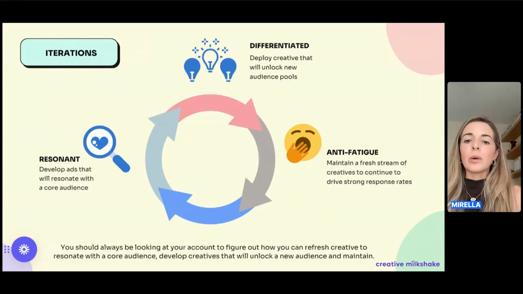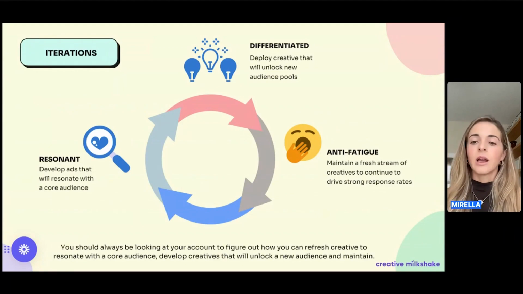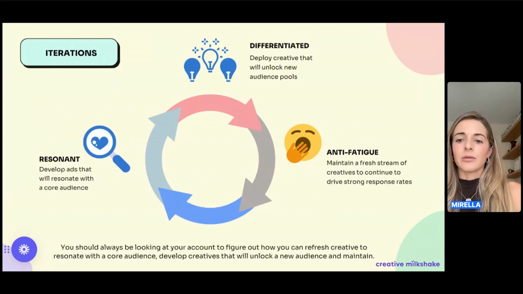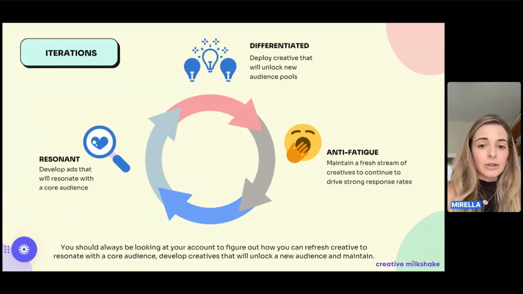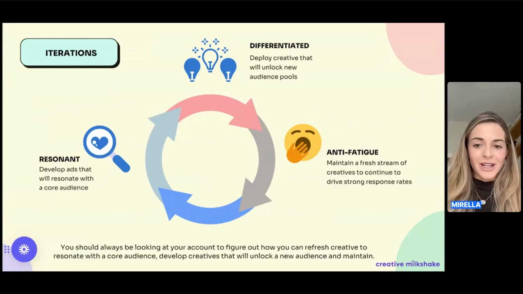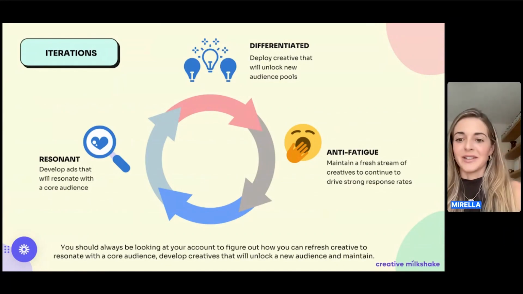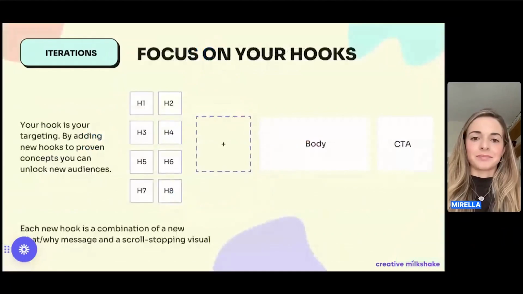So you should always be looking at your ad account thinking about how you can refresh creatives that are resonating with the audience, but also develop new creatives to unlock new audiences and keep that cycle going, if that makes sense.